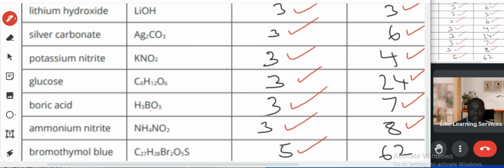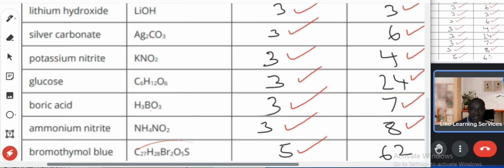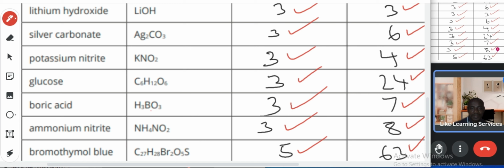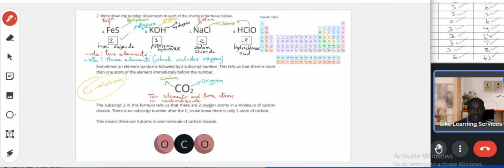Then plus 1. You forgot the one for sulfur. Oh. You have to be careful for stuff like this, okay? So plus the one for sulfur, that gives 63. I think that's it.